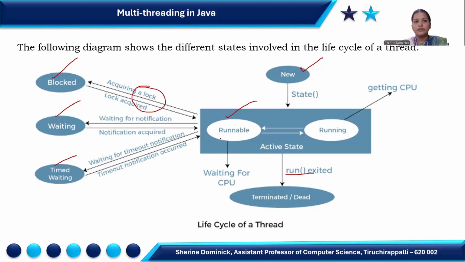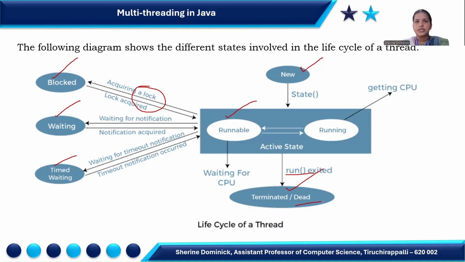But the difference between waiting and timed waiting is that, in timed waiting, we know how long the thread has to wait for the processing to stop. So after this time duration is over, the thread will automatically get back into the running state. Finally, if the thread completes its execution, it goes to the terminated state, which also means that the thread has completed its task and it's going to exit.